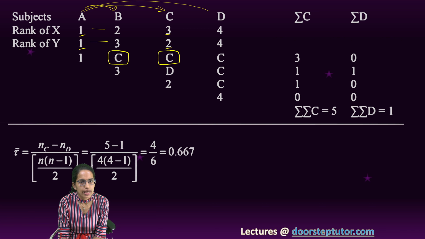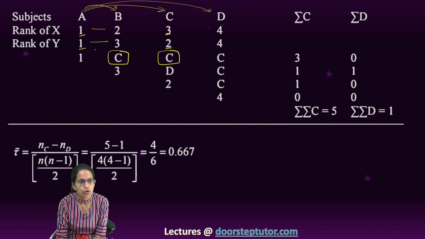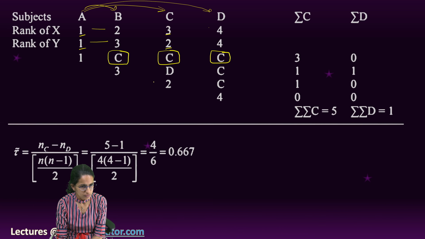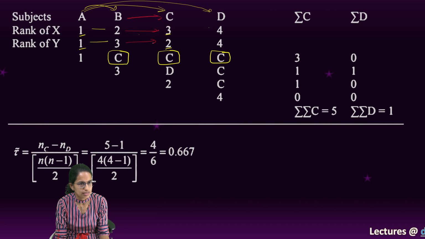A and D: 1 minus 4 and 1 minus 4, concordant. The next is B and C: in the first case it is 2 minus 3, in the second case it's 3 minus 2. So it becomes discordant.